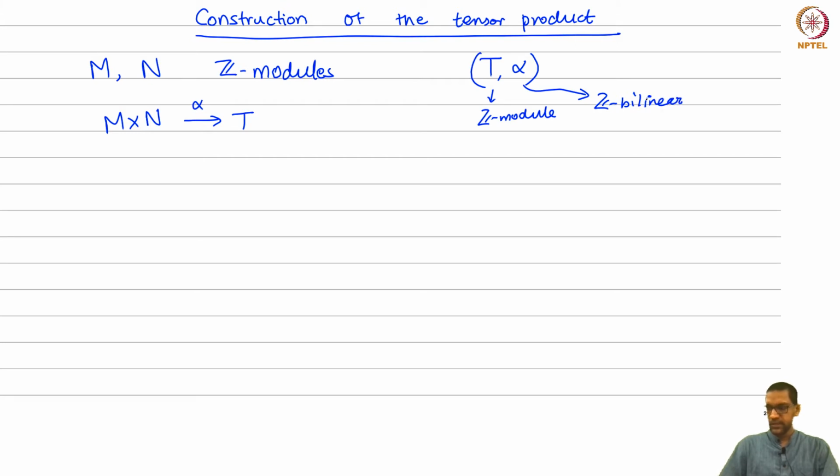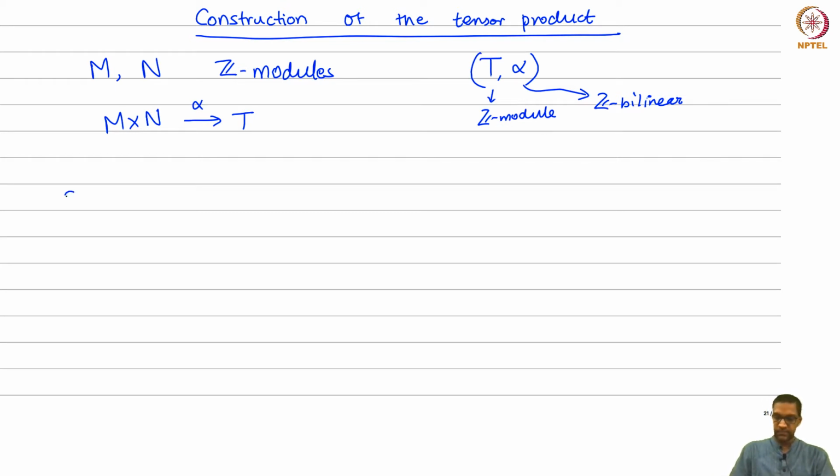We need this such that a certain universal property is satisfied: if you take another such pair P, f, then there is a map from T to P which makes that diagram commute. Okay, so that was the definition, but let's start out by trying to construct this Z module T.